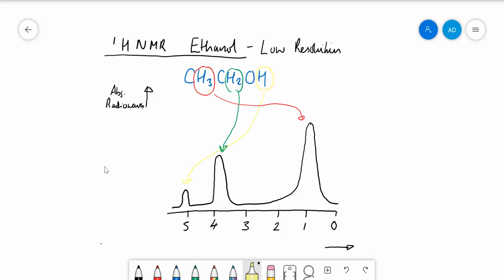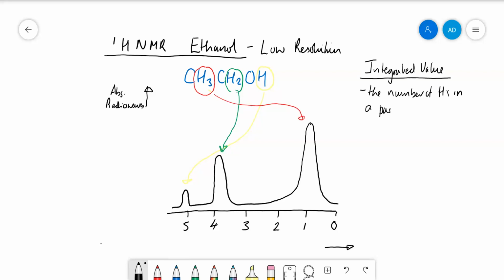This area under the peak is called the integrated value or the integrated trace, and what that tells us is the number of H's in a particular environment.